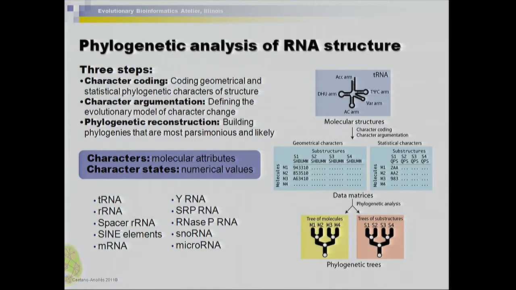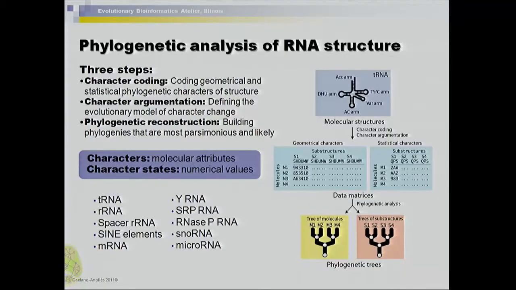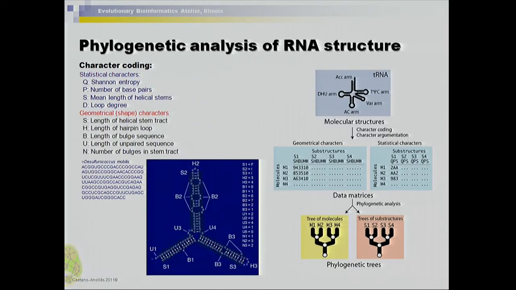And look at this diagram, which is interesting. From these data matrices that are built from statistical and geometrical features in RNA, we build trees of molecules, of the systems, and trees of components, the substructures that exist in the system. We've done this with a number of molecules, and here is just a description of how we use the statistical features that describe uniqueness, stability, and branching of the different RNA conformations, or geometrical features that describe the actual geometry and branching of the individual RNA molecules.